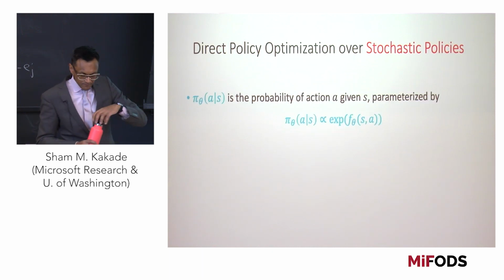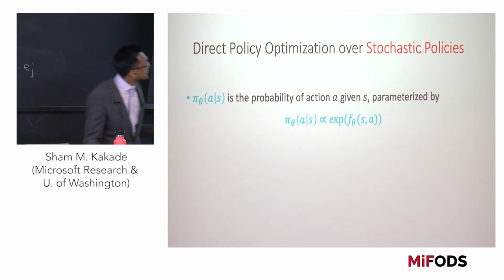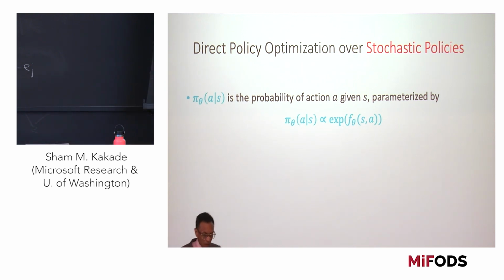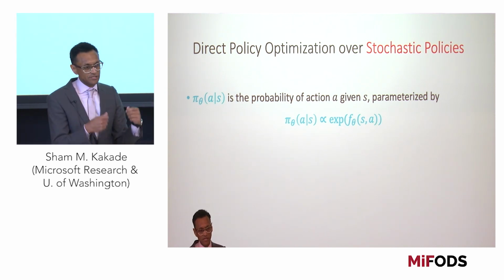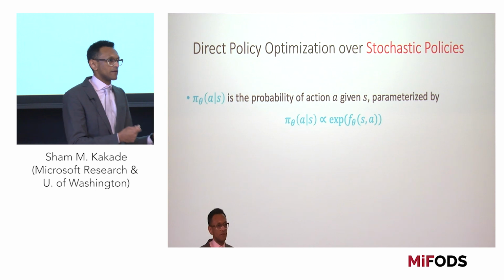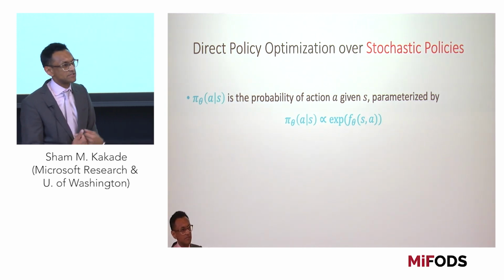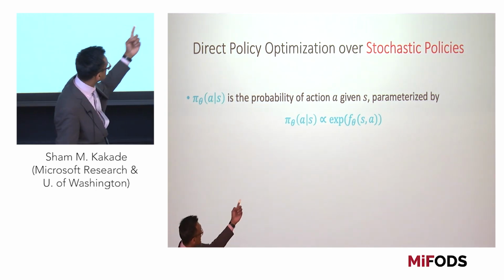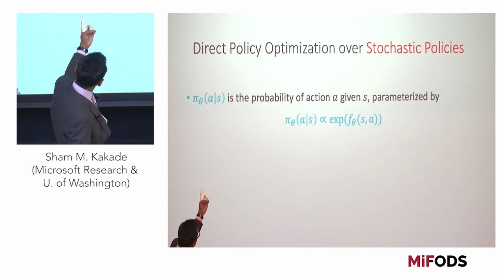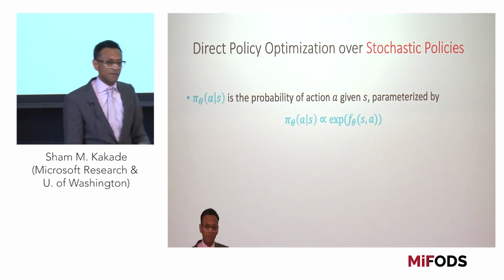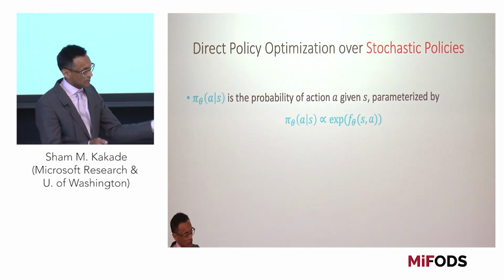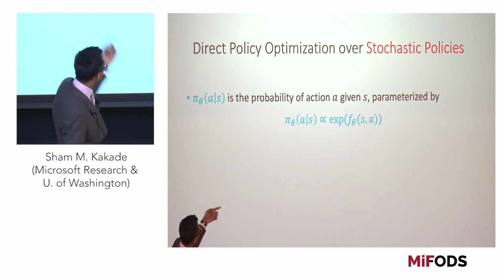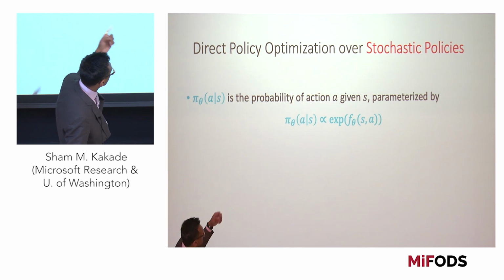Okay, so what's the approach? We could write down a policy as a deterministic mapping from a state to an action, but that's annoying for differentiability reasons. So what we typically do in practice is write down a probabilistic mapping, where for every state we specify a procedure to act, which is a distribution over our actions, and we parameterize it with some parameters theta.